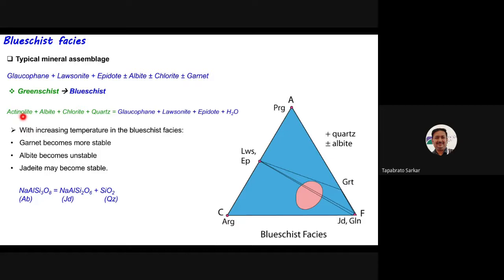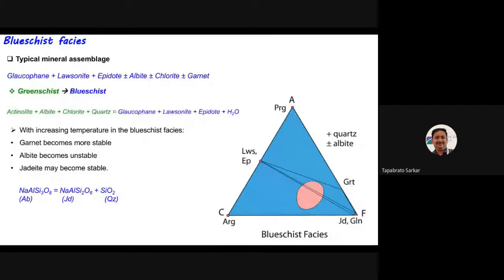Calcium and FeMg bearing, and you have albite, which is sodium aluminium bearing. You have chlorite, which is FeMgAl bearing. So all these together, along with quartz, form glaucophane, which is a sodium aluminium rich amphibole, and lawsonite, which is a calcium aluminium bearing silicate. So this is the main mineral assemblage, glaucophane and lawsonite plus epidote, in the blueschist facies condition.